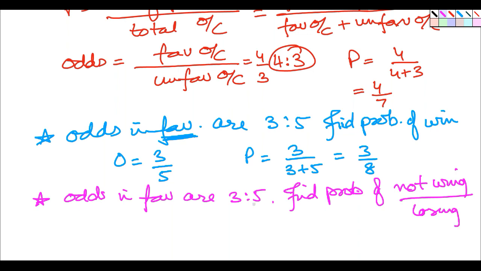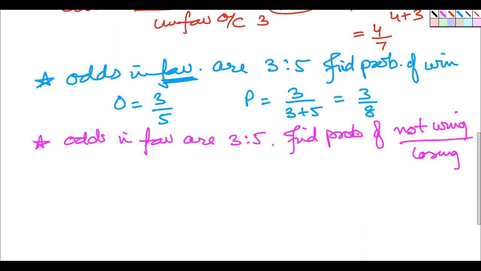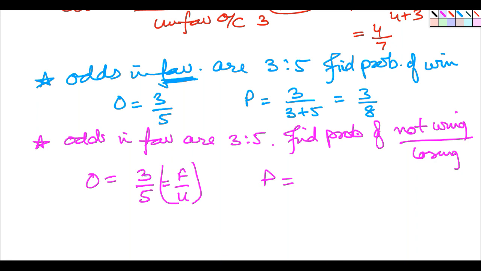Now the odds are given in favor, while the probability is required in unfavorable, losing, not winning. So odds in favor are 3:5. What is this? Favorable upon unfavorable, just for our reference. Now they are asking probability of not winning or losing. So what will be the probability in this case? Losing. Winning is 3, so losing will be 5. Not winning, 5, out of total, 5 plus 3, making it 5 by 8.